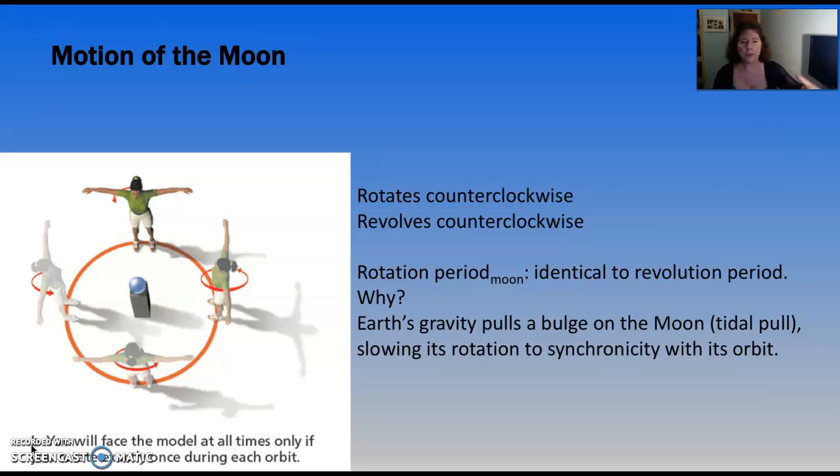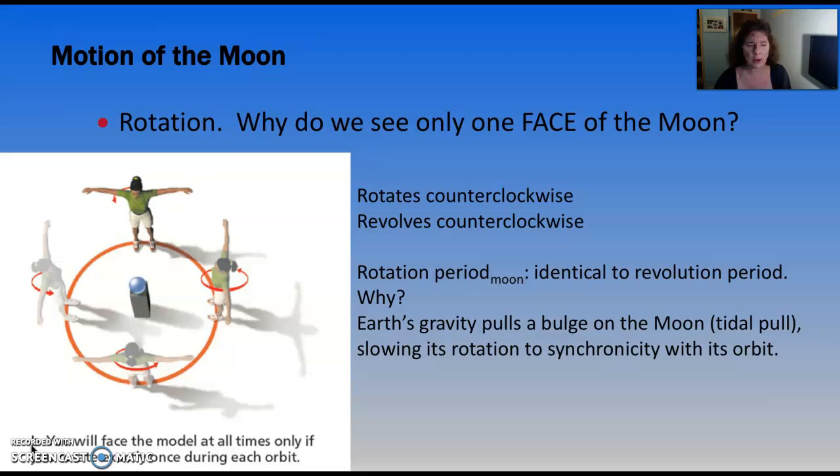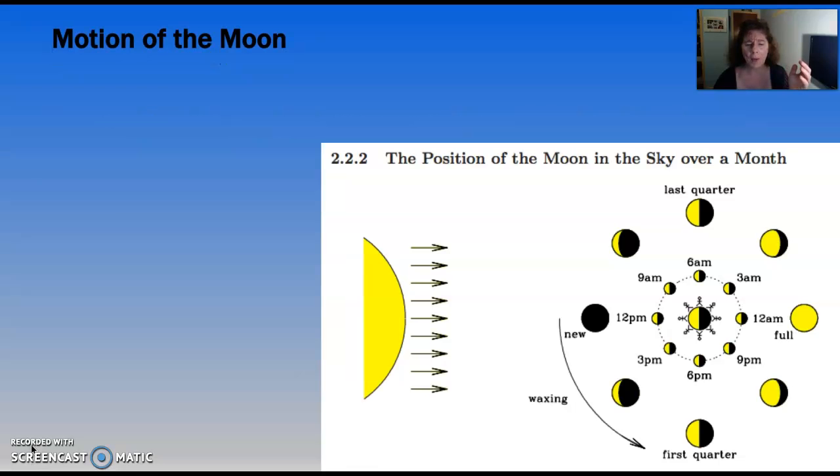Over millions of years, that pull has effectively slowed the rotation of the moon down to synchronicity with its orbital revolution. So really fascinating stuff. You can see it with moons of other planets as well, but we have one spectacular just outside of our window every night. Now let's go over the phases of the moon.